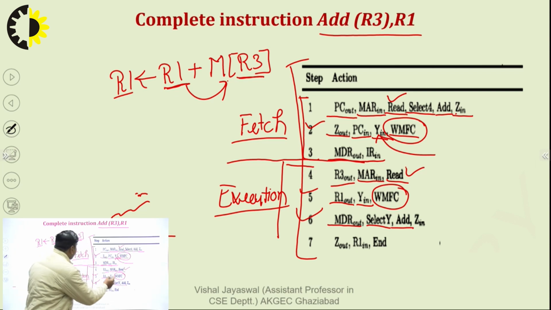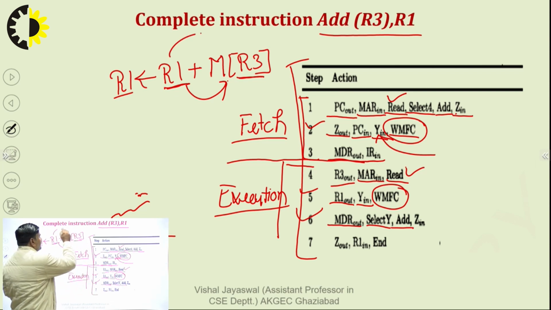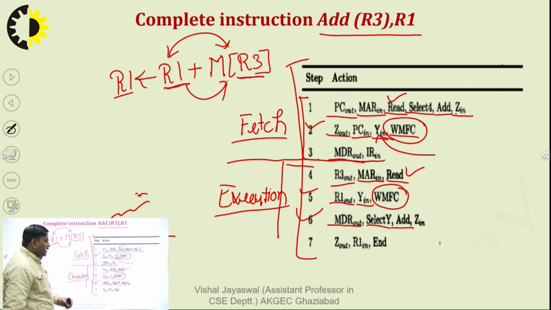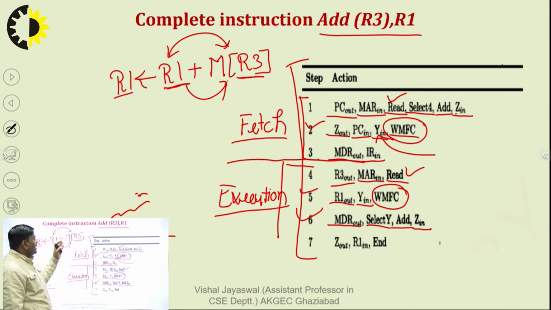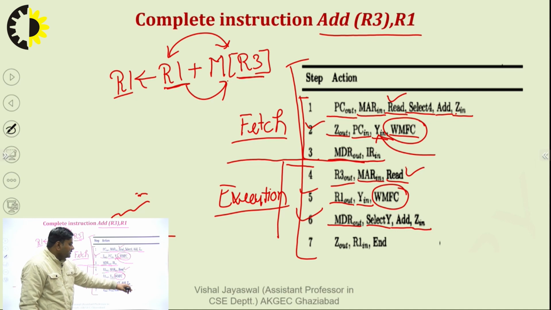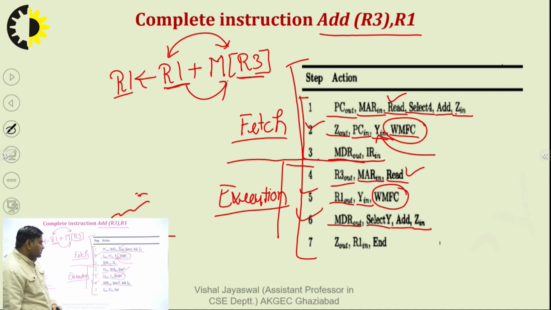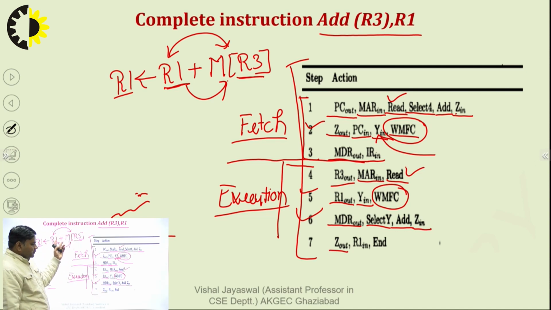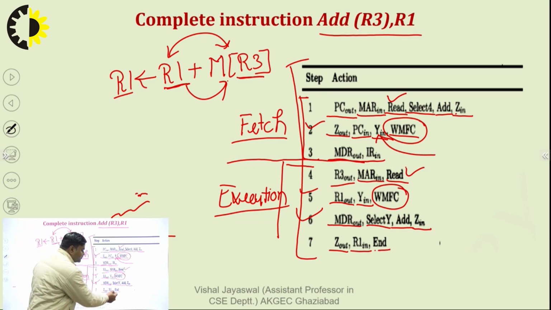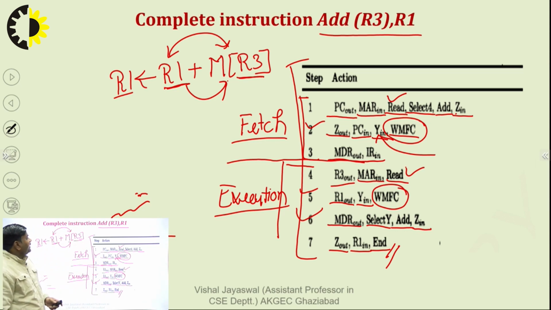And add means this operation is performed, and the result is placed in the Z register by the Z in control signal, meaning R1 plus M of R3 is added and placed in Z. Then finally Z out means this sum comes out from the Z register and is finally placed in the R1 register. Then end. This is the complete execution of the instruction in the processor.